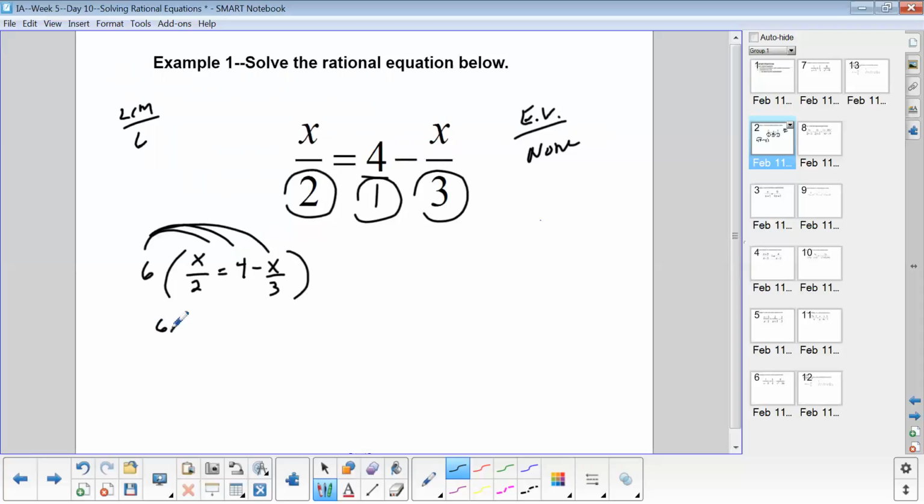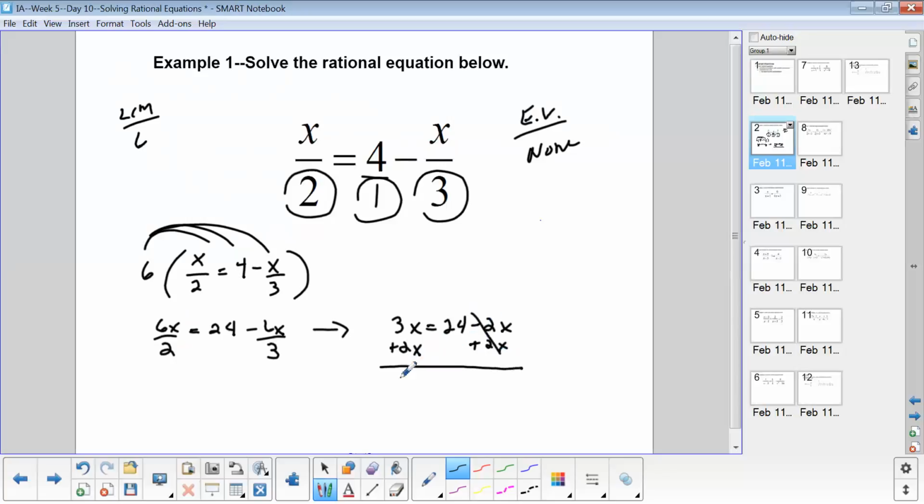So this would give us 6x divided by 2 equals 6 times 4 is 24 minus 6x divided by 3. And then we would simplify that, and we would get 3x equals 24 minus 2x, and then I'm going to add the 2x to both sides.